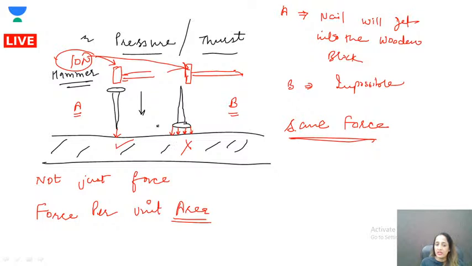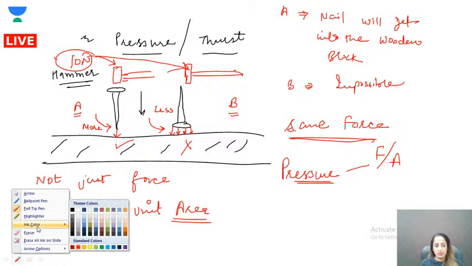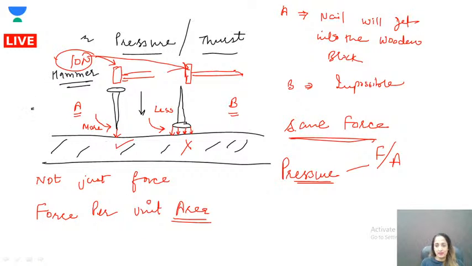So per unit area the force in this case is less. Per unit area in this case the force is more. Okay, so that means this is what we call pressure. Force working per unit area is called pressure. Here we have that force working per unit area. The same force is working on lesser area, right?